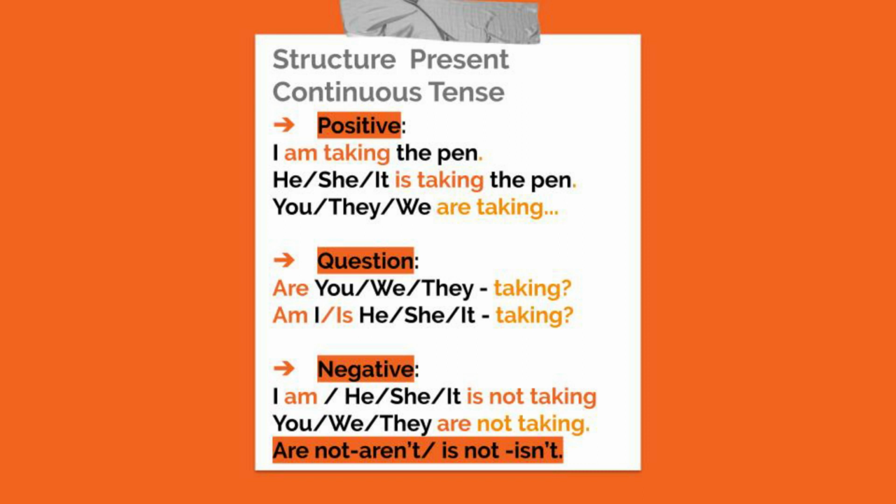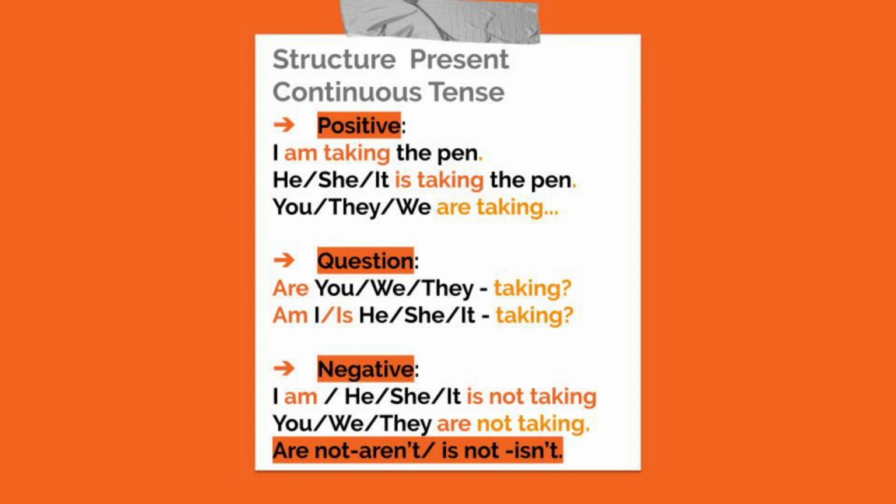Right? So, look at the negative construction. I am not taking. I'm not taking. Okay? You, we, they are not taking. Here, in the negative sentence, am goes with not, and the verb takes ing. Then, you, we, they take are plus not. So are and not, in short, becomes aren't.